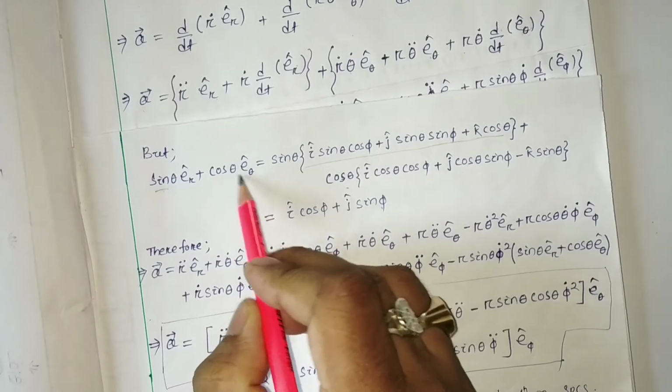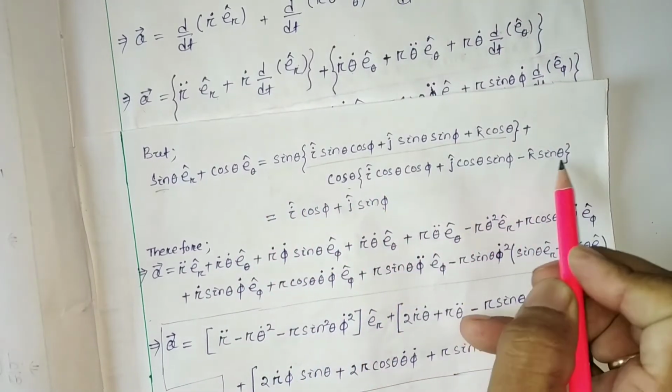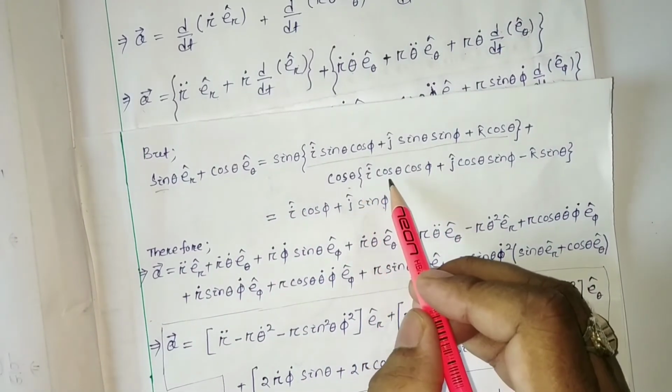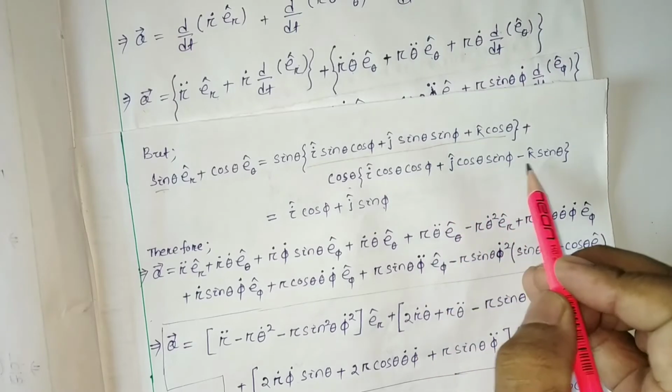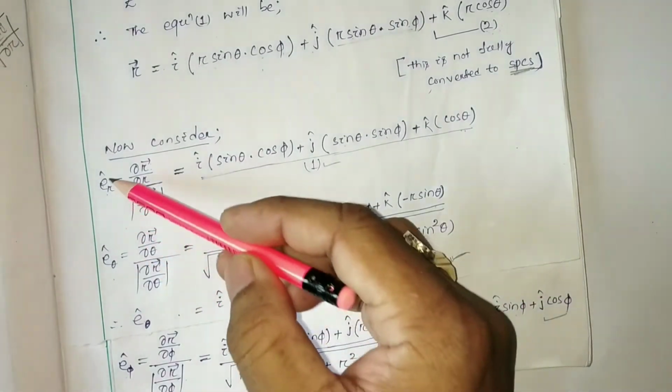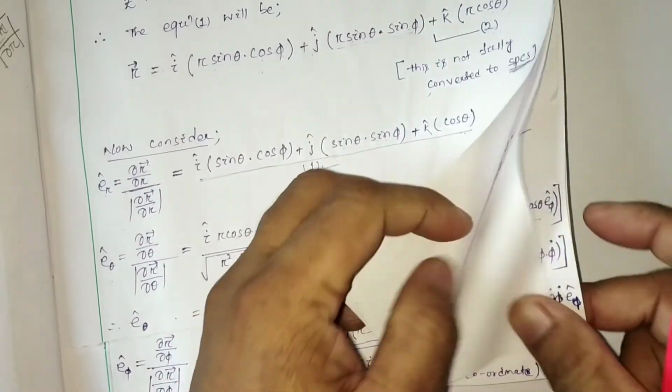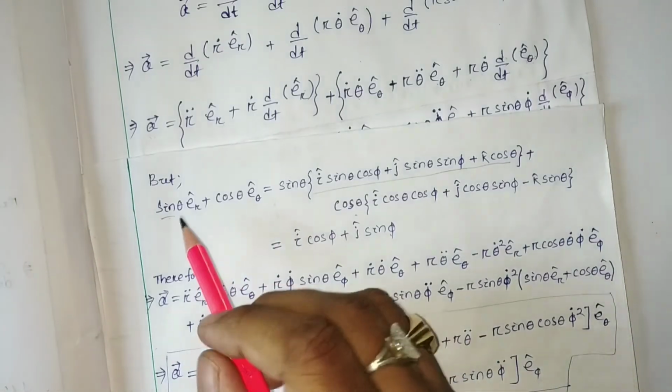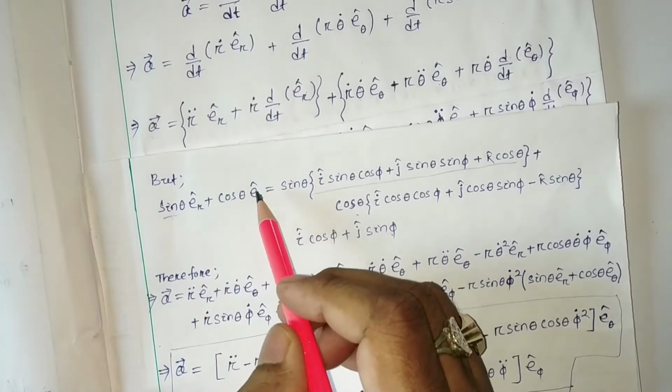Plus cos theta e_theta cap. e_theta cap value is nothing but this one: i cap cos theta cos phi, j cap cos theta sin phi, minus k cap sin theta. Already we know this one. So e_r cap and e_theta cap values have been written over here and here, right?